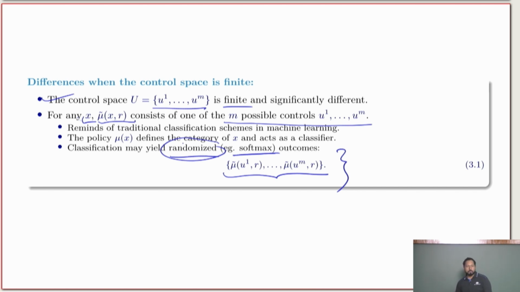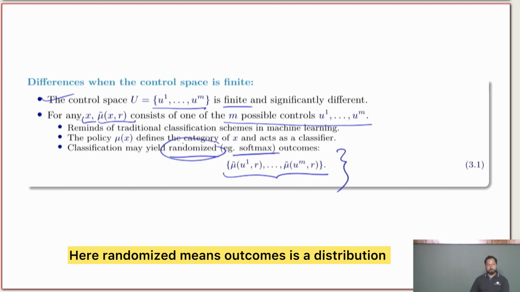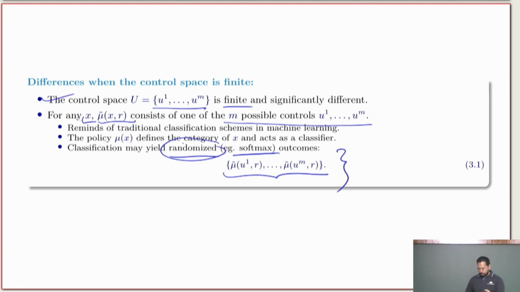I don't want to build a classifier that gives me the max of these controls, because max is a non-differentiable function, whereas softmax is differentiable. So sometimes a randomized outcome is actually a good thing.